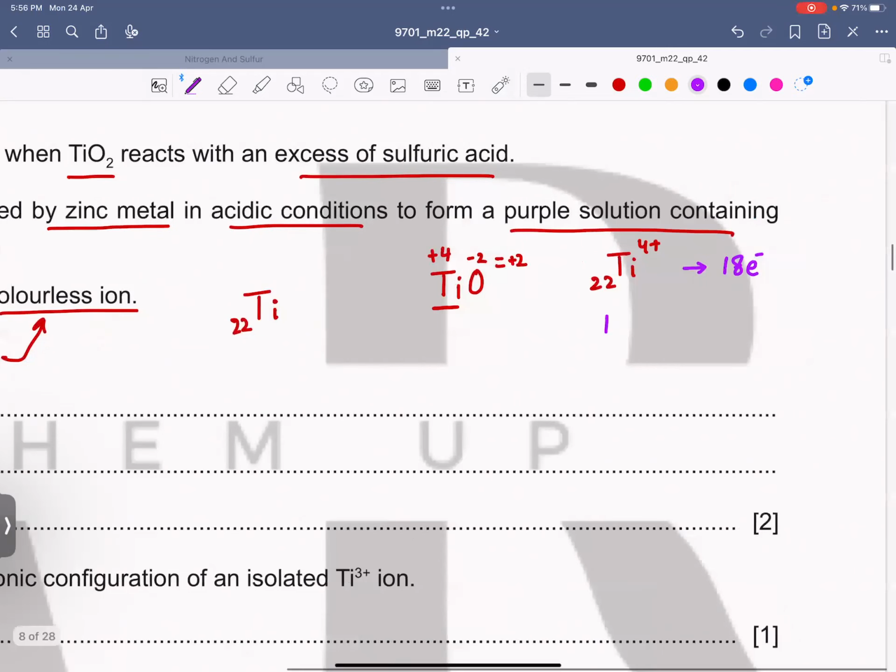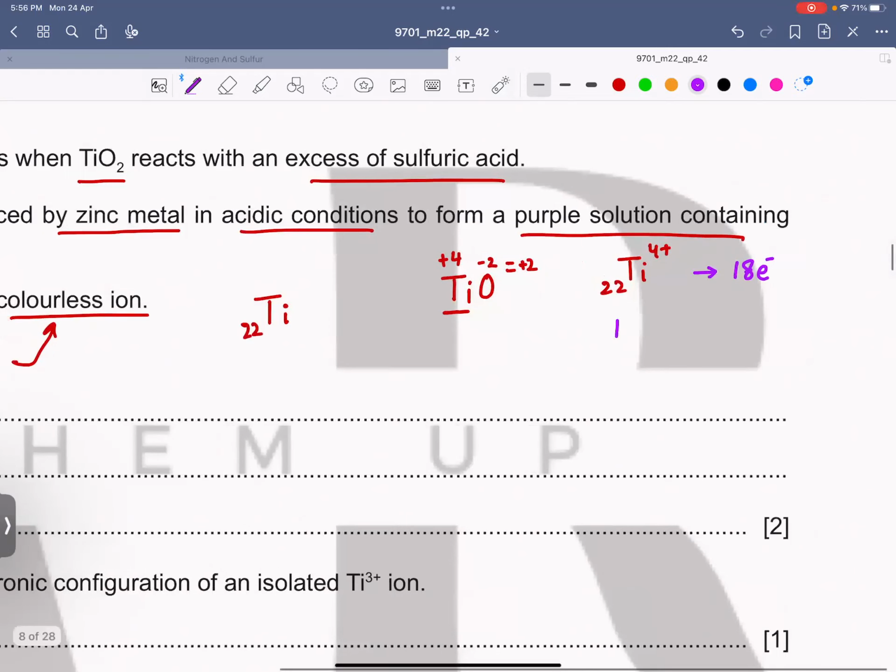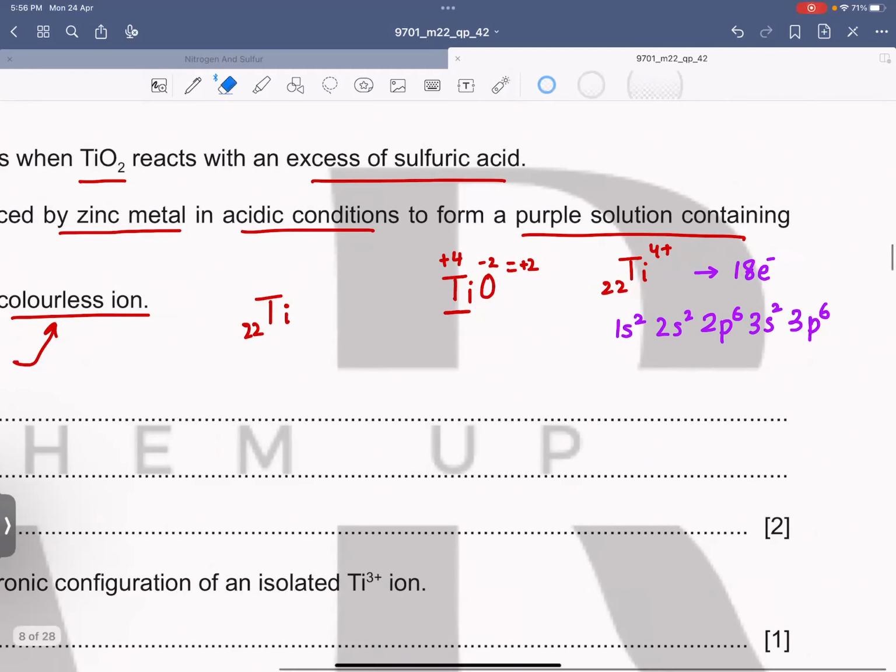So it is 1s2, 2s2, 2p6, 10 electrons, then 3s2, 12 electrons, and 3p6, 18 electrons, which shows that 4s is 0 and 3d is also 0, right?